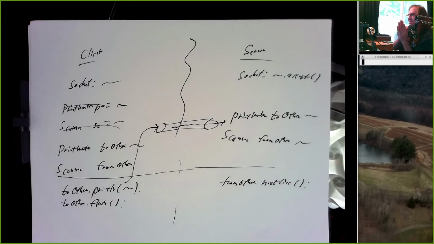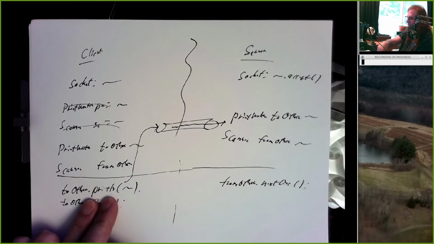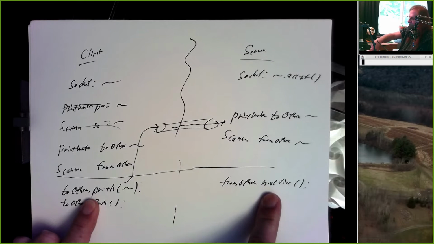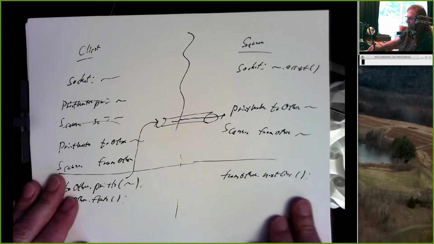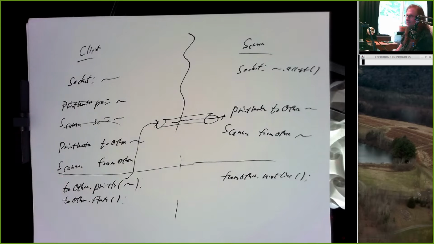And so you can think of this as a file if you like. Imagine a well-behaved file that you can write things into by saying print line, and you can read things from by saying scanner.next line. And if there's nothing in the file to read, this will just wait until something prints something into that file.